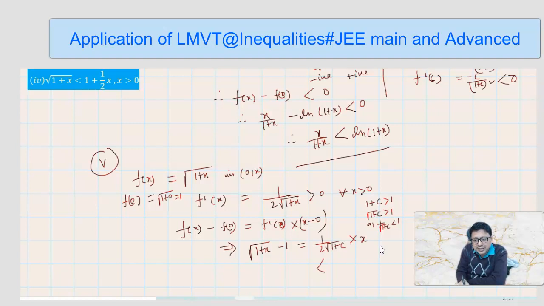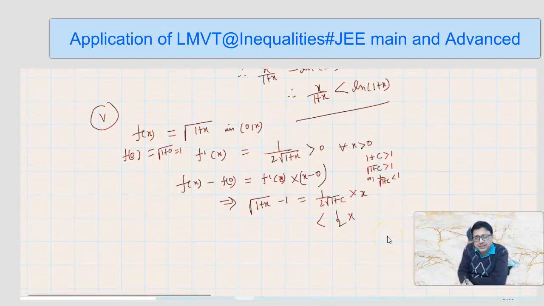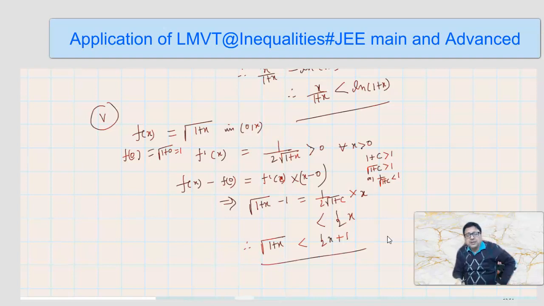So this thing is less than half x. This implies root(1 plus x) is less than half x plus 1. This only we were supposed to prove, that root(x plus 1) is less than x by 2 plus 1.